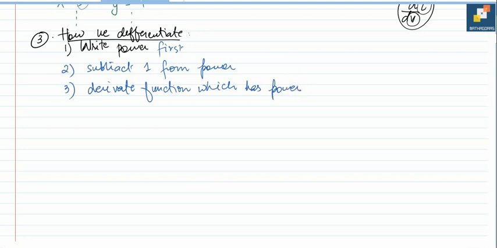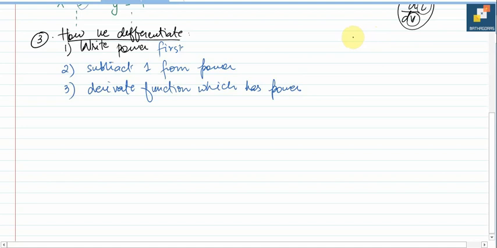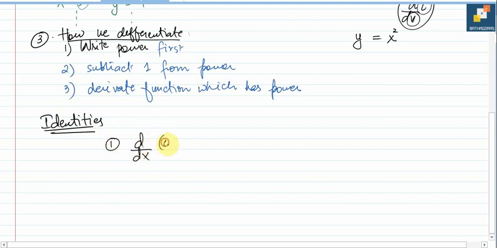Now let's take a very simple example. Let's suppose we have y equals x square, that is the function of y with respect to x. Here I am writing some identities of differentiation. Number one, d by dx of a constant.